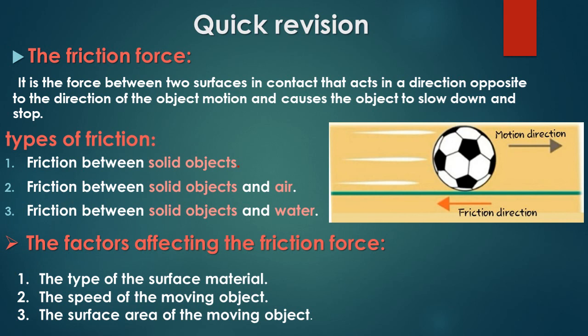When the speed of the body increases, the friction force increases, and when it decreases, the friction force decreases. The third factor is the surface area of the moving body. When the surface area increases, the friction force increases, and when the surface area decreases, the friction force decreases.